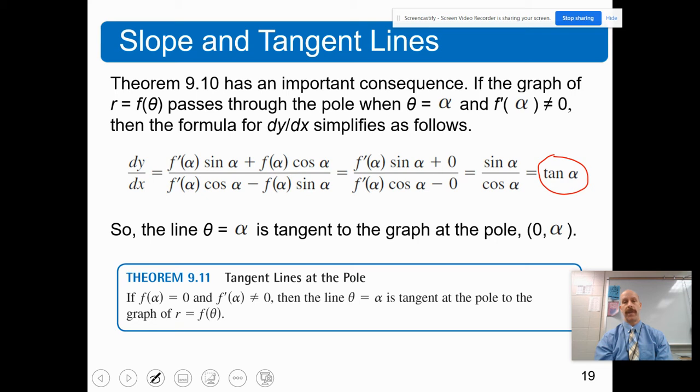It's just the tangent of alpha. So the line theta equals alpha is the tangent to the graph at the pole 0, alpha. So this is the tangent line at the pole. If f of alpha is equal to 0 and f prime of alpha doesn't equal 0, then the line theta equals alpha is the tangent line at the pole to the graph r equals f theta.